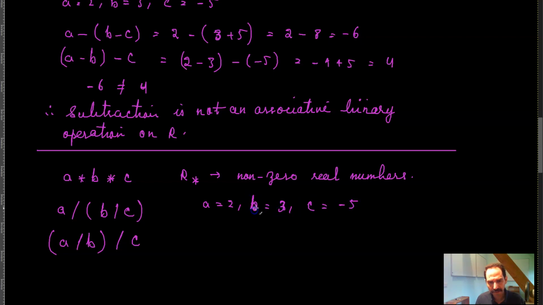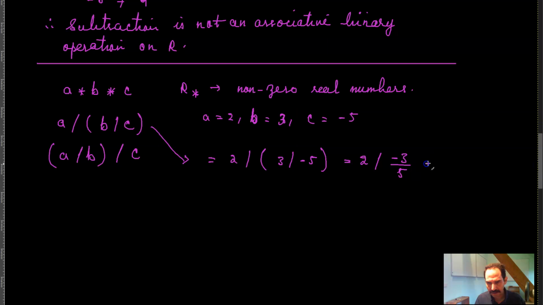And when we do so, then this is going to be equal to 2 divided by 3 divided by negative 5, which is equal to 2 divided by negative 3/5, and that's the same thing as 2 times negative 5/3, which is equal to negative 10/3.